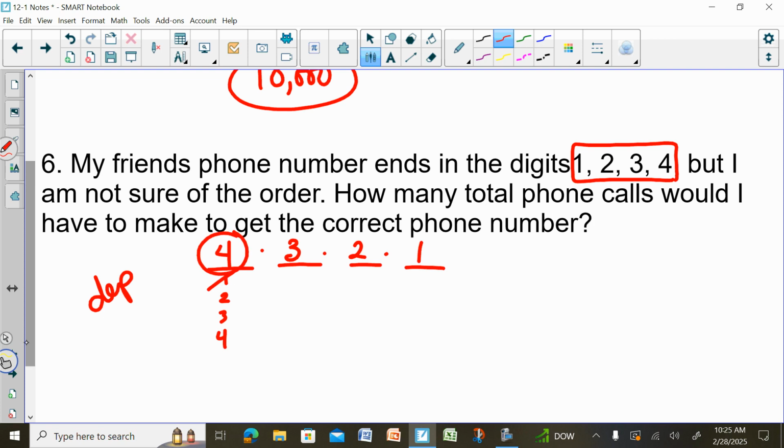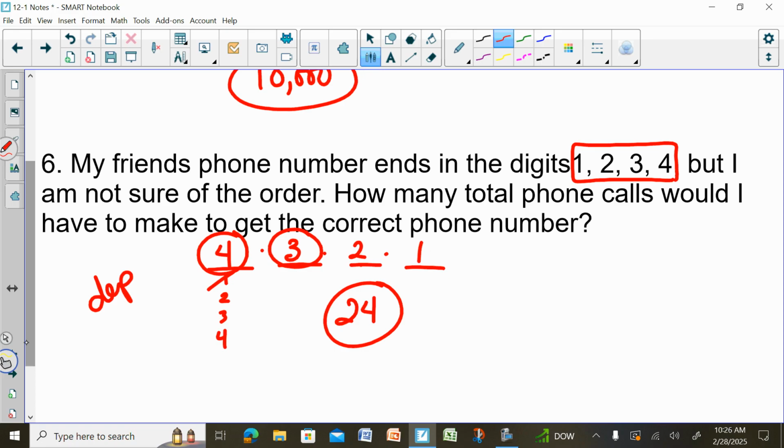So it's 1 less number. Once I lock in a number here, it can't be anywhere else, and neither can the first one, so that's 2 less numbers, so I only have 2 choices. So when I multiply this, 4 times 3 times 2 times 1, 24. I'd have to make 24 phone calls, as long as I didn't repeat them.